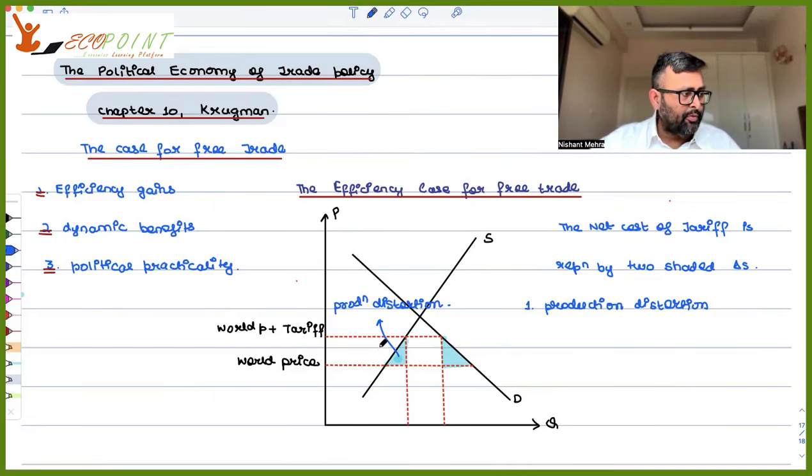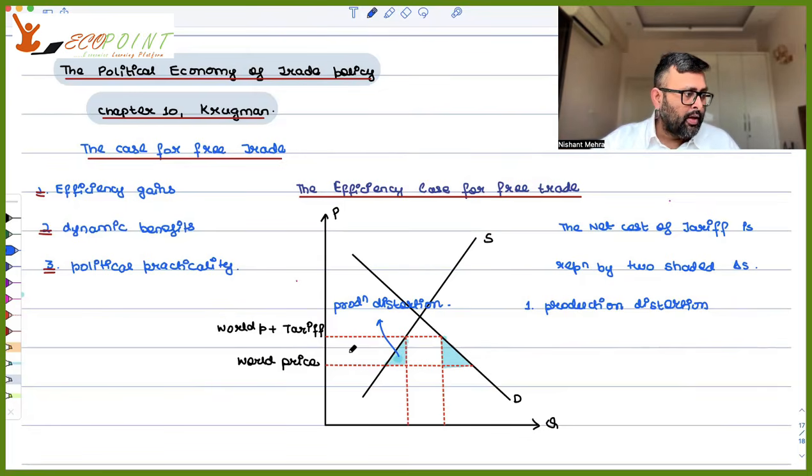So what happens is that when the tariff is being put, then the domestic firms are encouraged to produce more of this good, right? As compared to the situation if there is free trade and there is no tariff. Now with the introduction of a tariff, the price of this particular good has increased. So domestic producers are encouraged to produce more of this good.